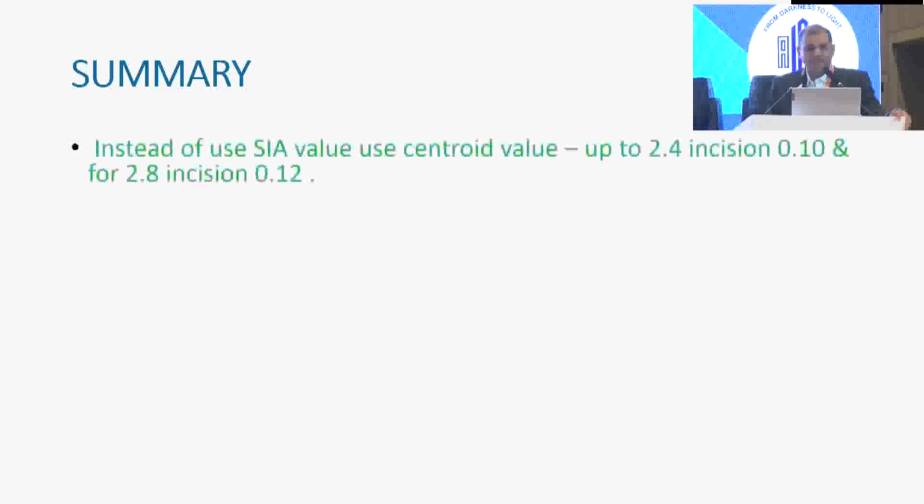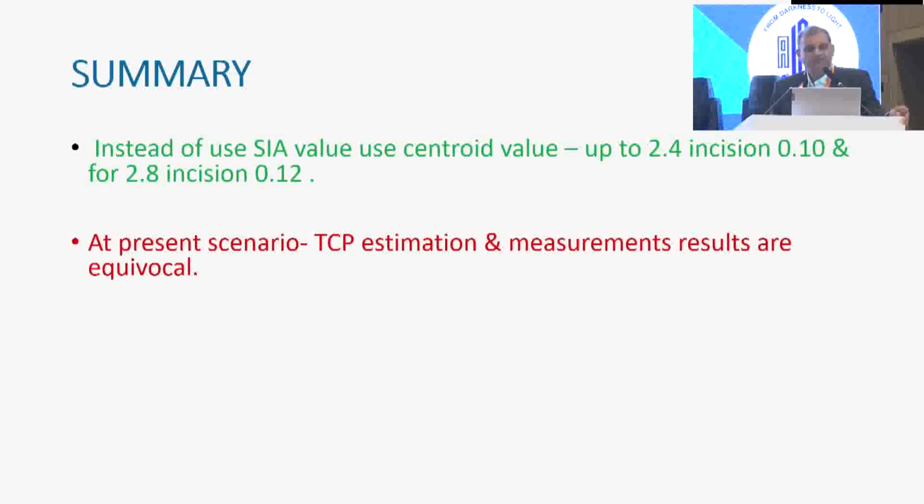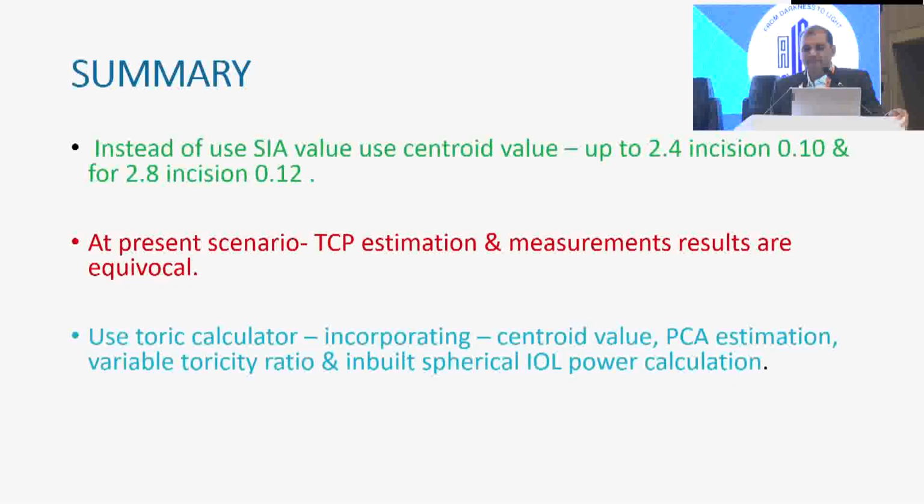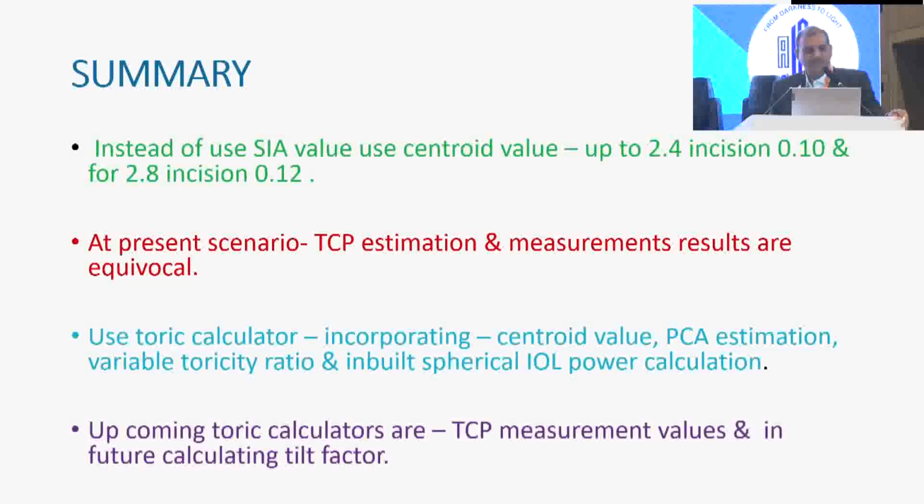So in summary, instead of using an SIA value, use a centered value: up to 2.4 mm incision 0.1, up to 2.8 mm 0.12. In the present scenario, total corneal power estimation and measurement results are equivocal. Use a toric calculator which incorporates a centered value, PCA estimation, variable toricity ratio, and the spherical IOL power calculation together.